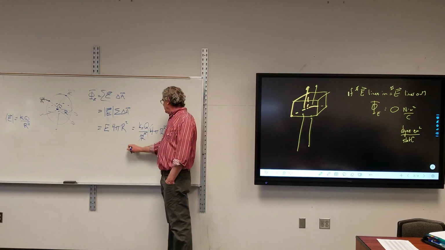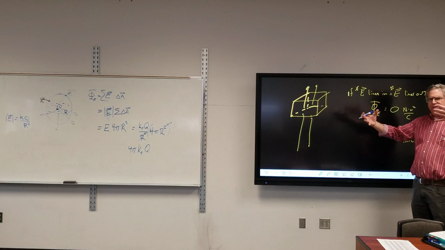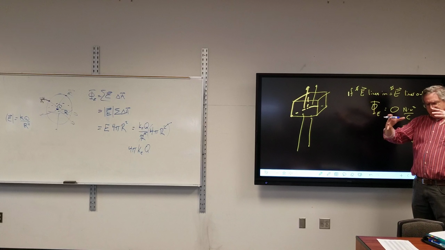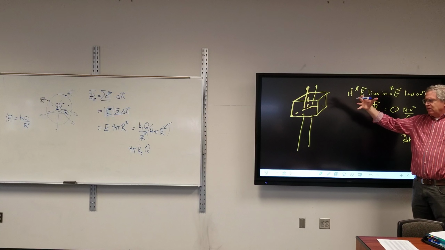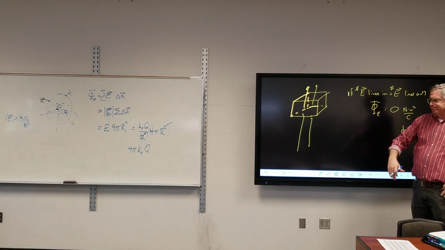So I'm left with 4 pi k sub E Q. So no matter how large this sphere is, my electric flux is the same. And if you think about it, as I get further out, I've got a bigger area, but my electric field gets watered down in a sense.